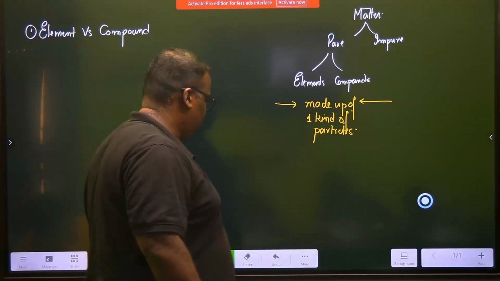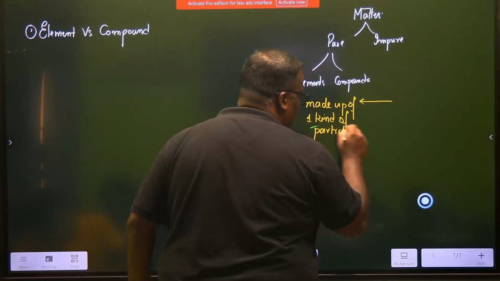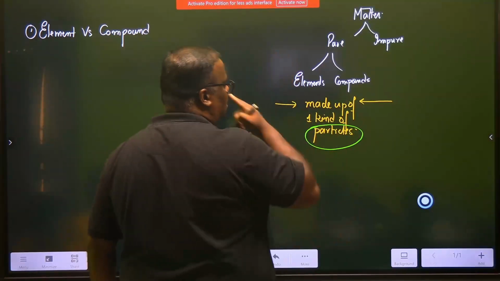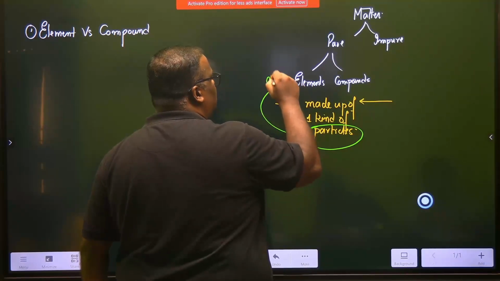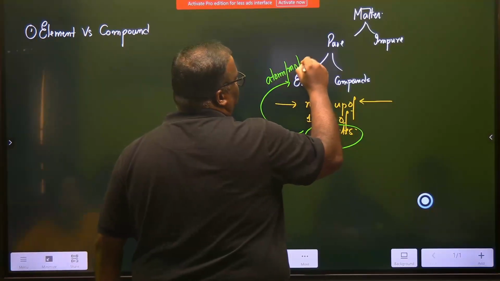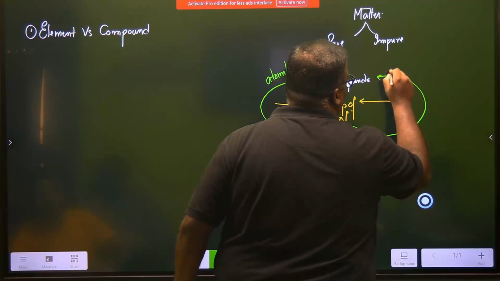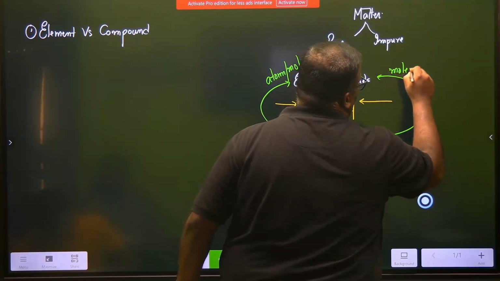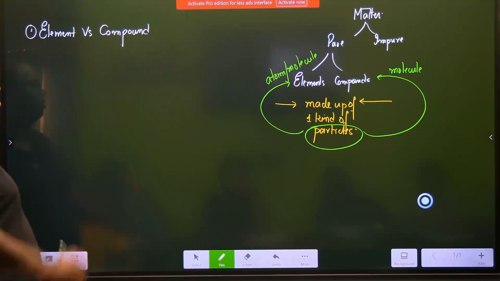When you talk about this one kind of particles, that thing for an element will always be in the form of an atom or will be in the form of a molecule. But when we see it for a compound, it will always be a molecule. So did we understand what we are trying to say?